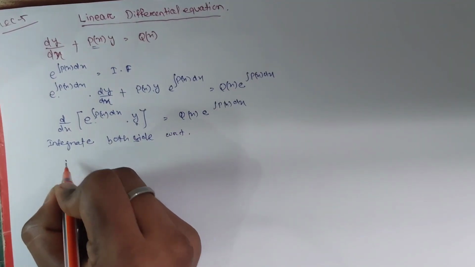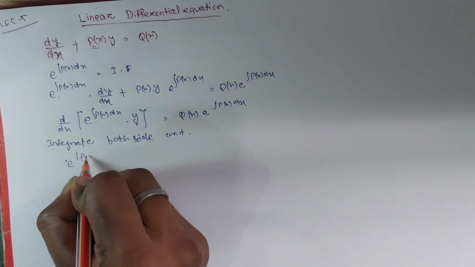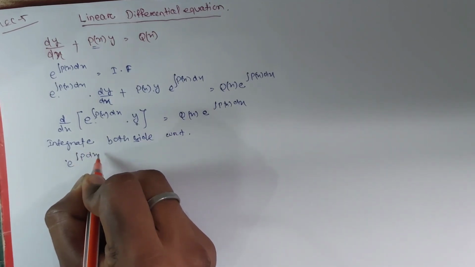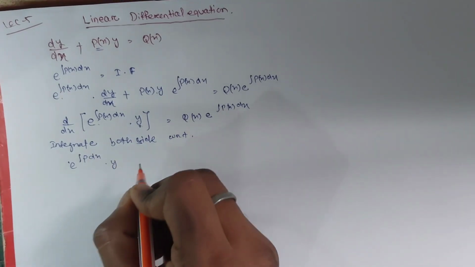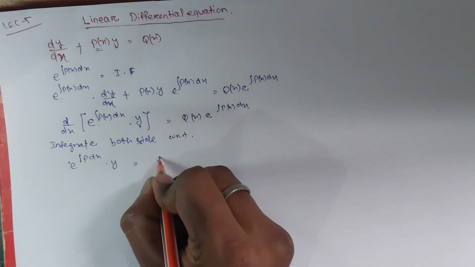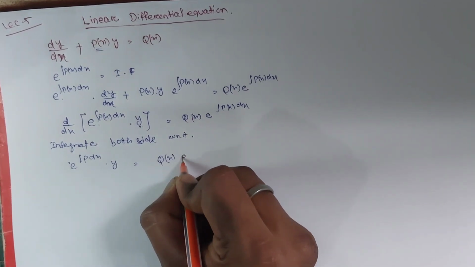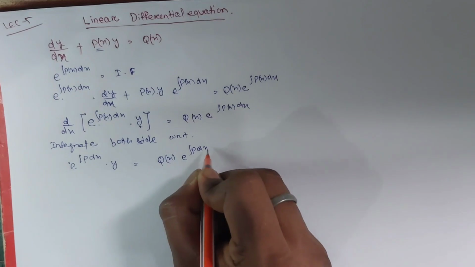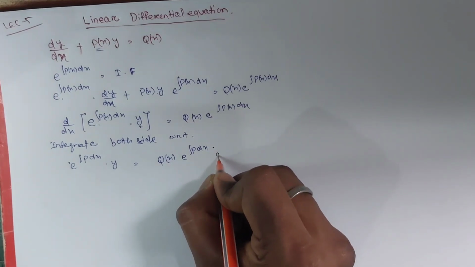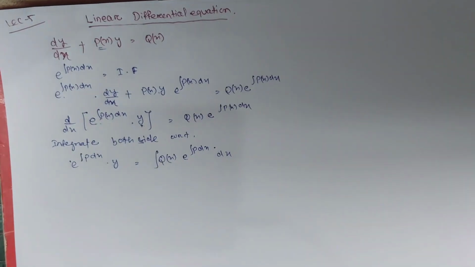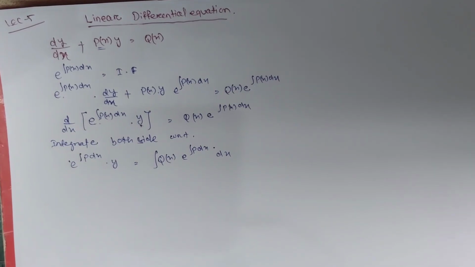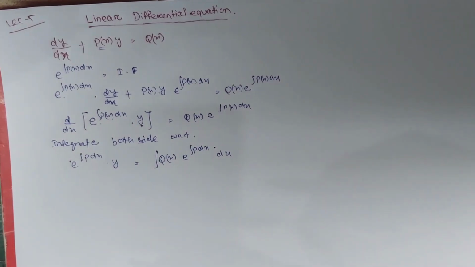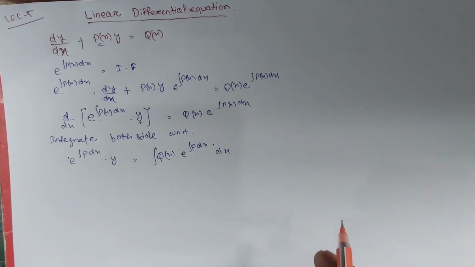Then what we will get is e^(∫P dx) times y equals the integral of Q(x) e^(∫P dx) dx.